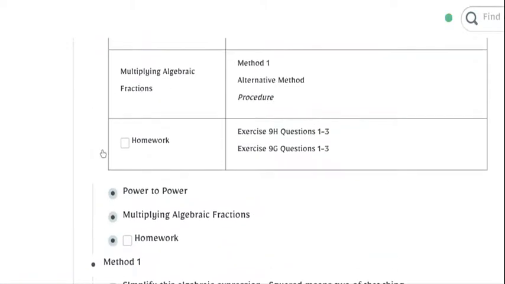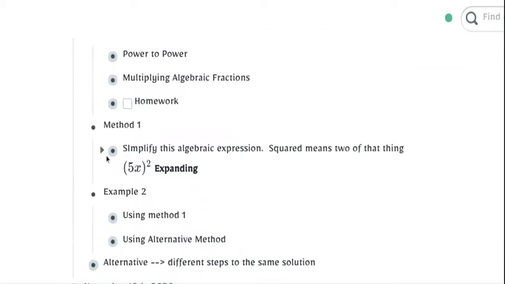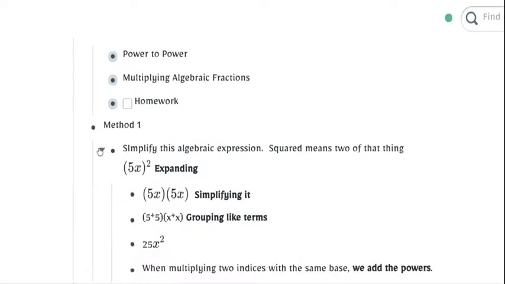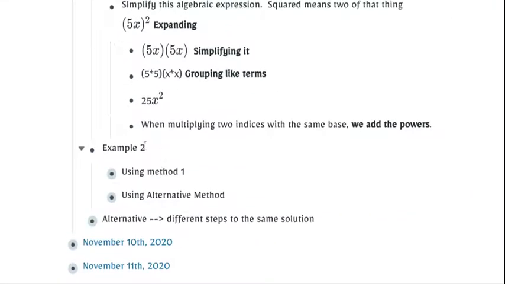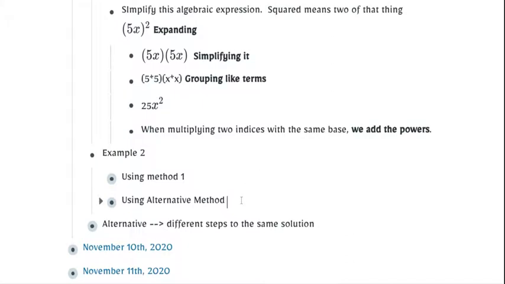Sir, I don't understand. So it's like for method 1, sir, we did not apply to it, sir. Right. So let me tell you the difference. Write this for me. The difference between method 1 and alternative method. Let's write it.